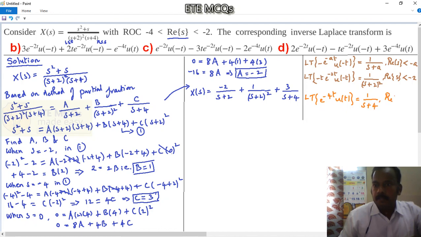Respective ROC is real part of s greater than minus 4. Sorry, it's a greater than sign because it is a right-sided sequence u of t. Now only these three formulas we will make use of in the inverse Laplace transformation, so that we obtain the time domain sequence x of t, and that will be the final solution.